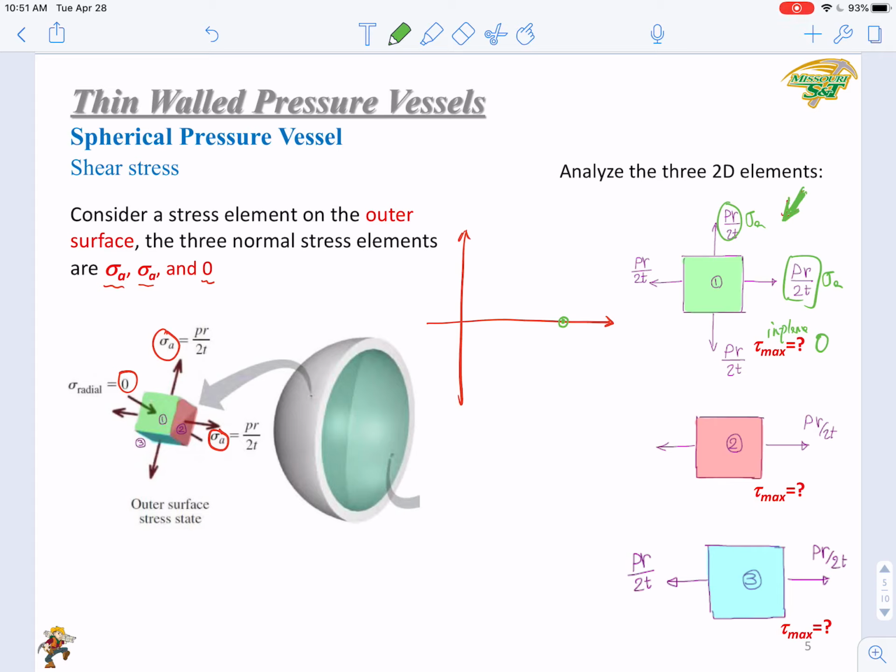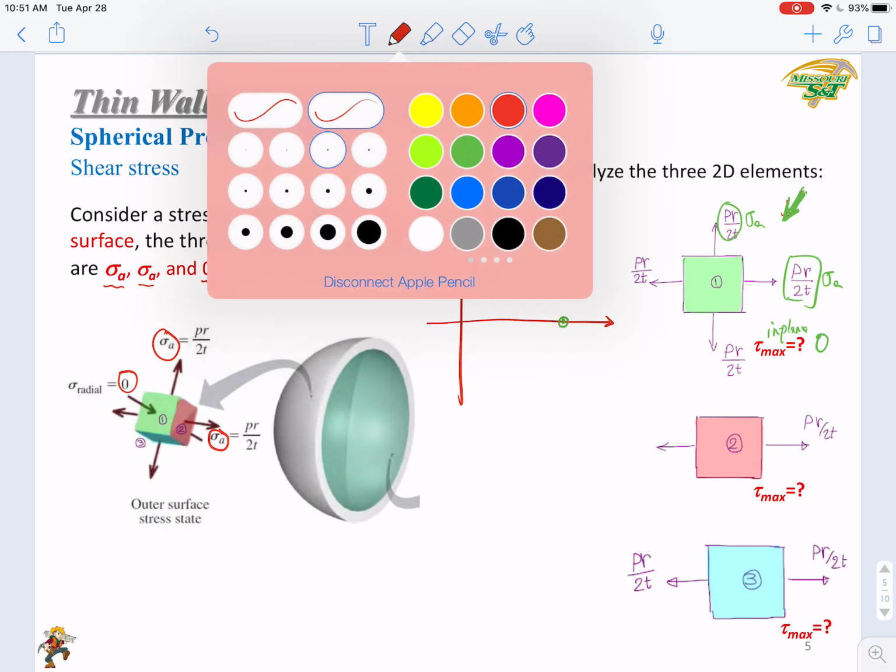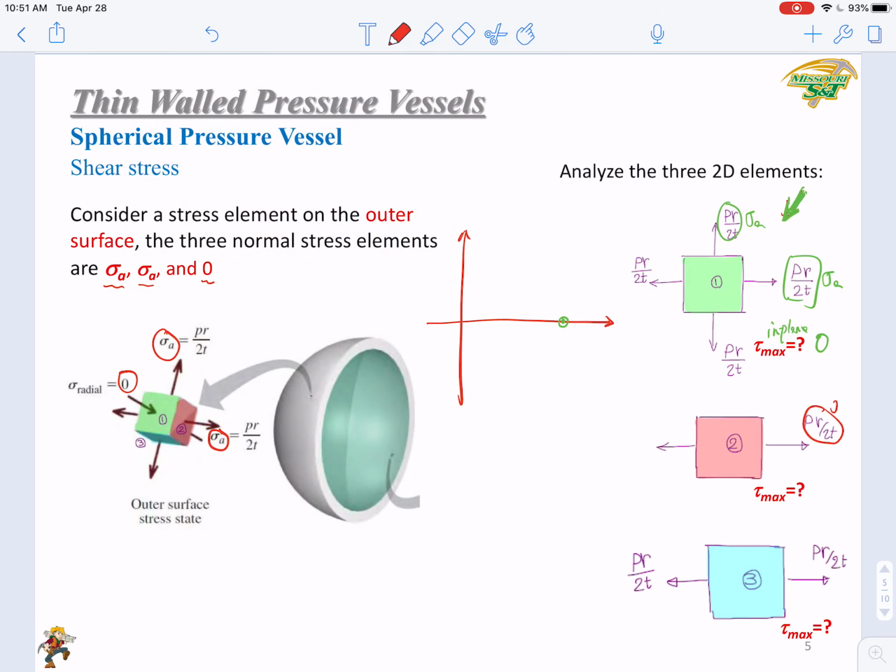Then how about case 2? In case 2, colored red, you have sigma A, 0 in one direction, and 0, 0 in the other. This is the first point, and this is the second point. Connect them together, you get the diameter, and then you can draw the Mohr circle. What is the tau max in plane?